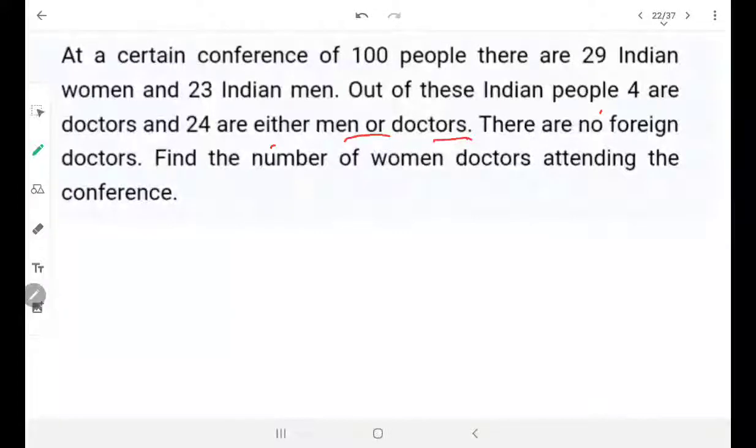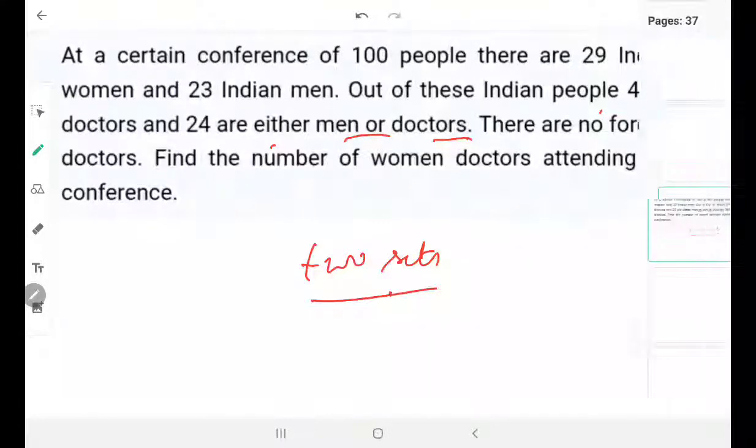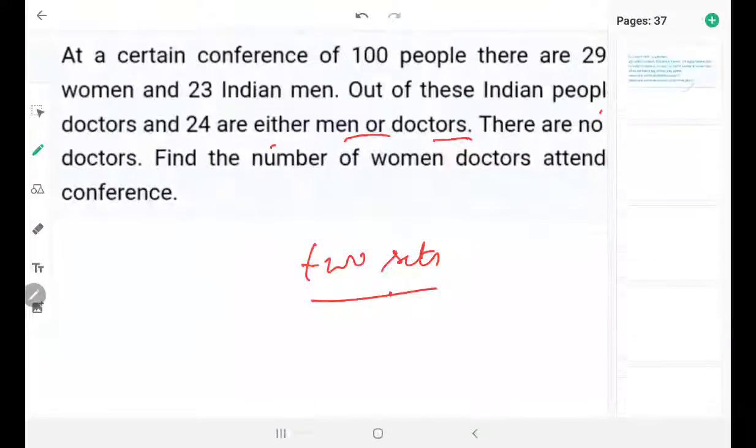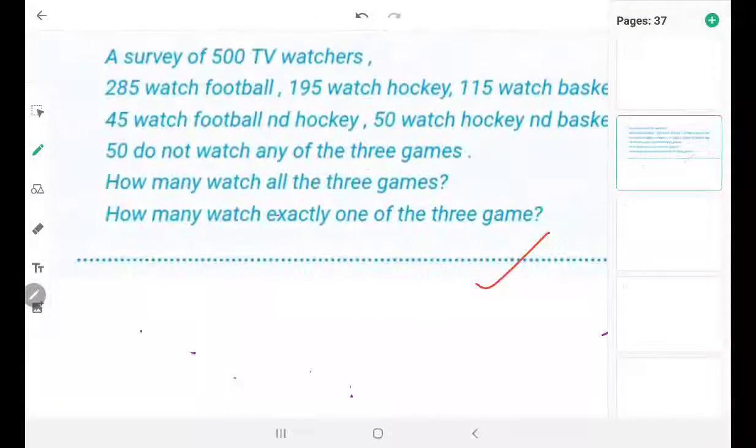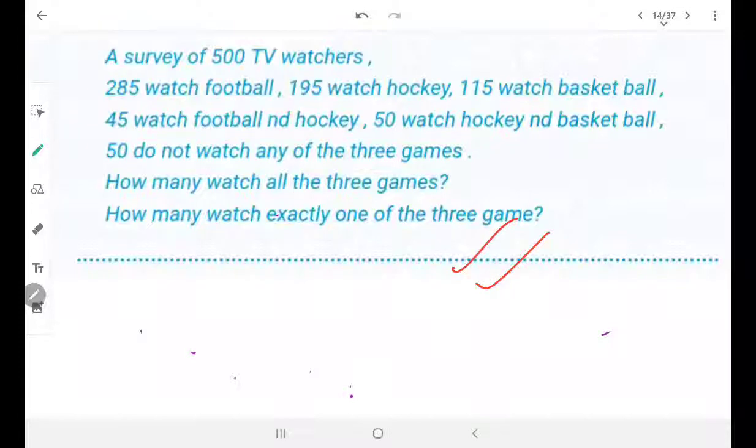This is a question based on two sets only, but it is a bit tricky. So I just want you to solve these two questions, this one and the previous one. If you find any difficulty, just let me know. I hope based on what I taught you, you can do these questions. Thank you.